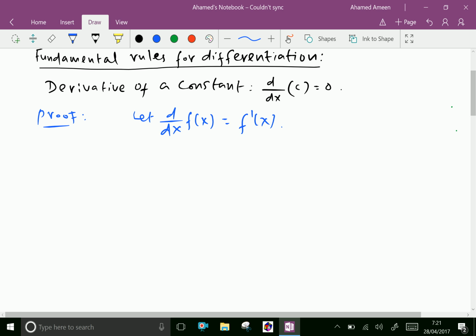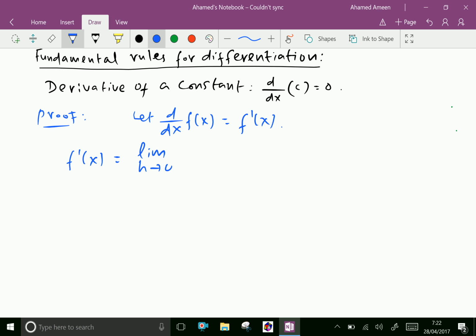Now from first principle of differentiation we can write f dash of x, that is dy by dx, equal limit h tends to 0 of f of x plus h minus f of x over h, where h is a small increment on x.